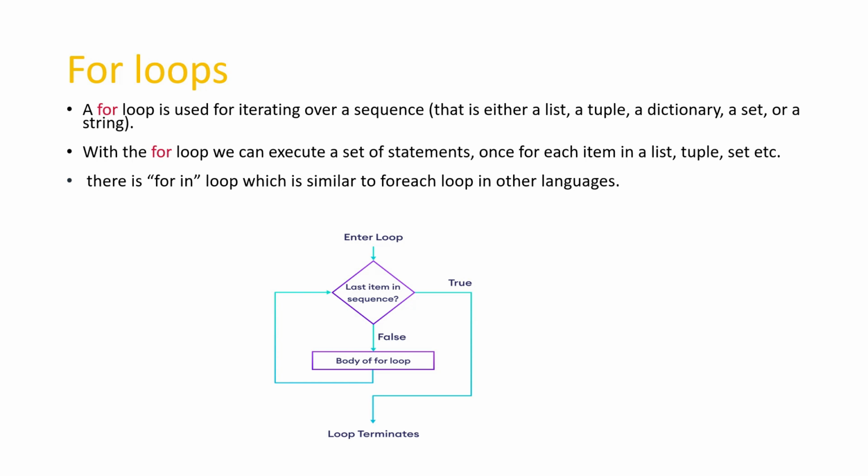For the third character, it enters the third loop. But for the last character, it will terminate. After the last character, it will terminate. So if it is true, it will terminate. If it is false, it will enter into the body of the loop. Whenever it reaches the end of the characters only, it terminates.